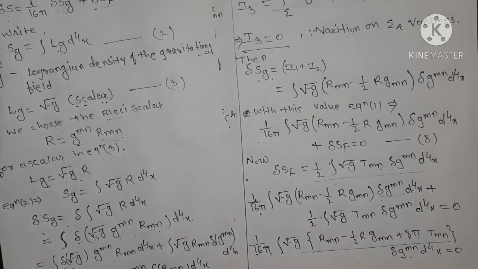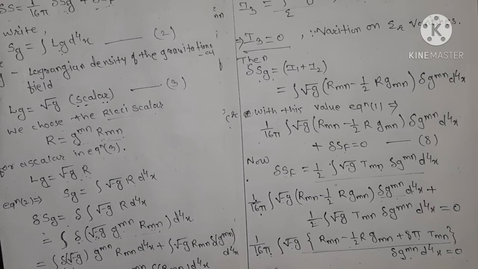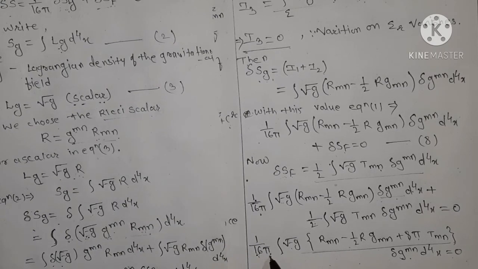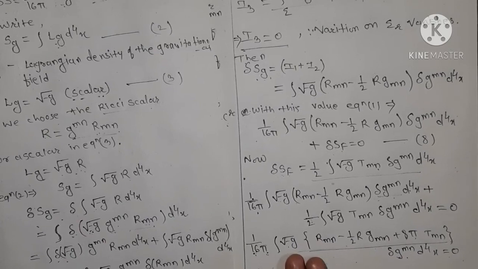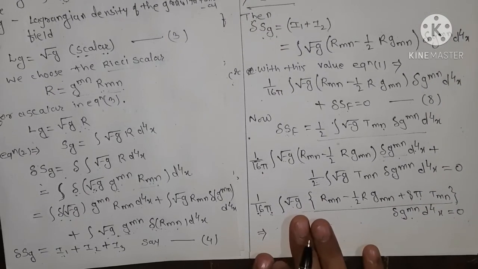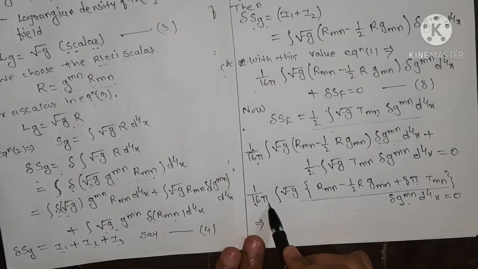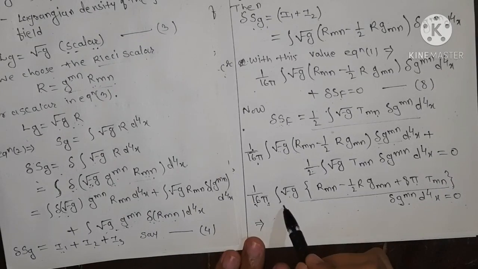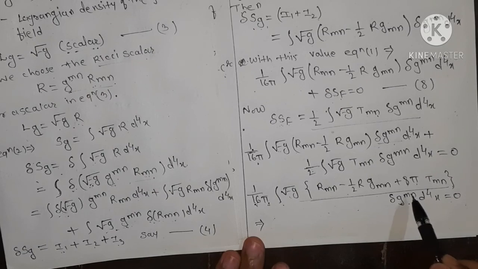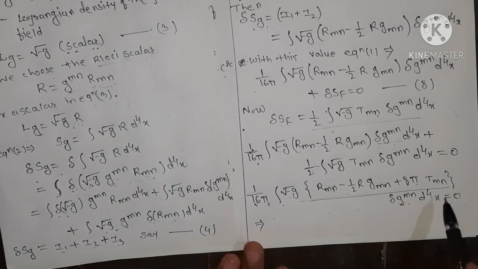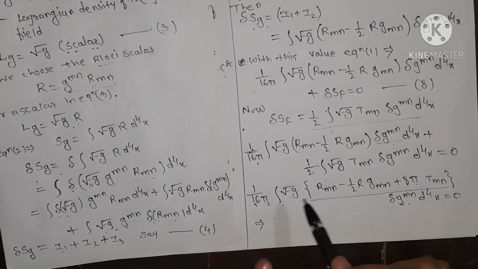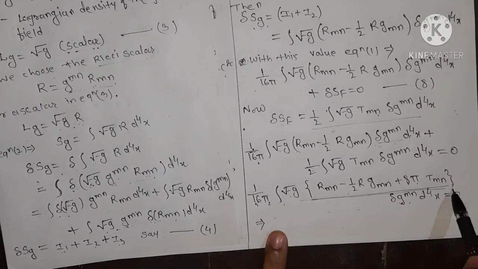So this implies, since also 1 upon 16 pi is constant, therefore we have the integral of, since here 1 upon 16 pi is common and in the integral g mn is arbitrary, therefore their variation is also arbitrary, and thus we have this term equal to 0.